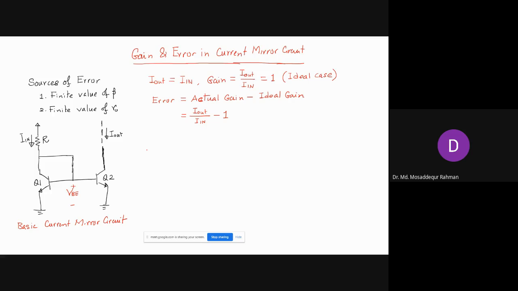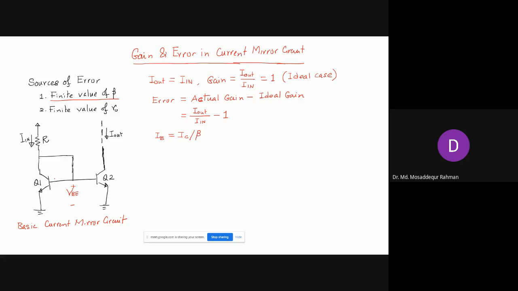So we'll discuss individually how these two factors cause the output current to be different from the input current, and what is the error due to each of these factors. So first we will consider the finite value of beta, right? How it introduces error in the circuit. And this is from the very simple fact that the base current in the transistor is given by IC by beta, right?